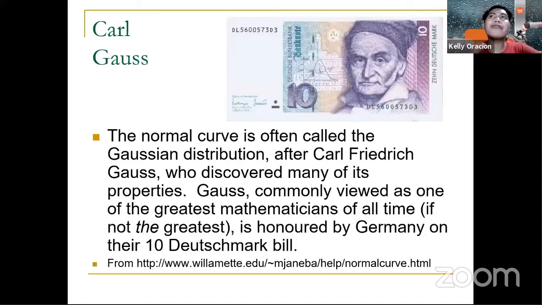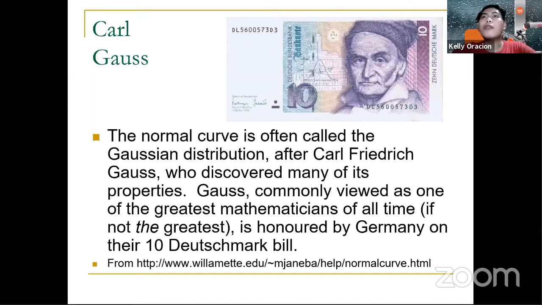Now, let's have a short history about the normal distribution. The normal curve is often called the Gaussian distribution after Carl Friedrich Gauss, who discovered many of its properties. It was Carl Friedrich Gauss who has the largest contribution to this normal distribution.